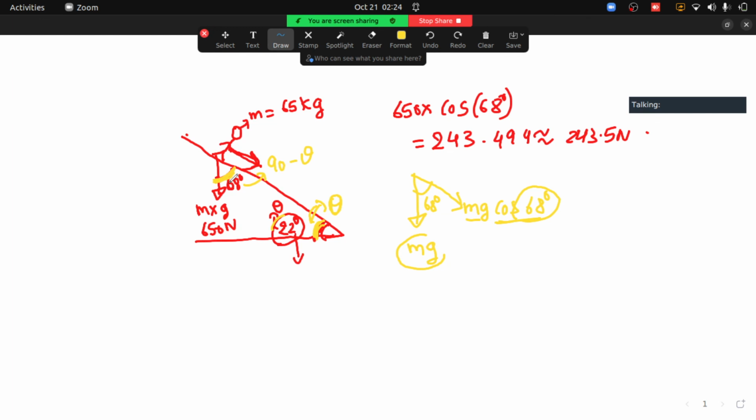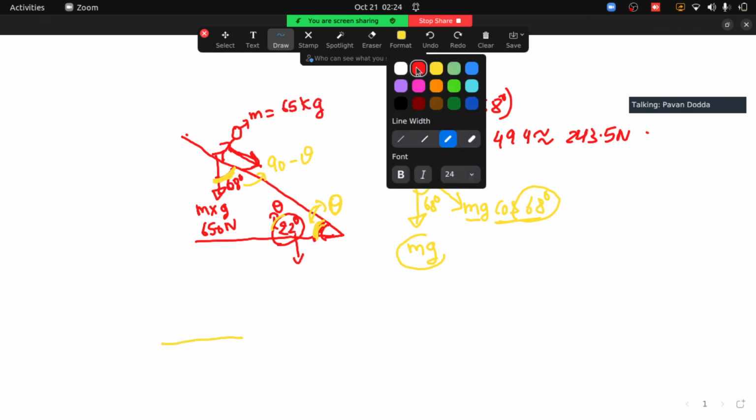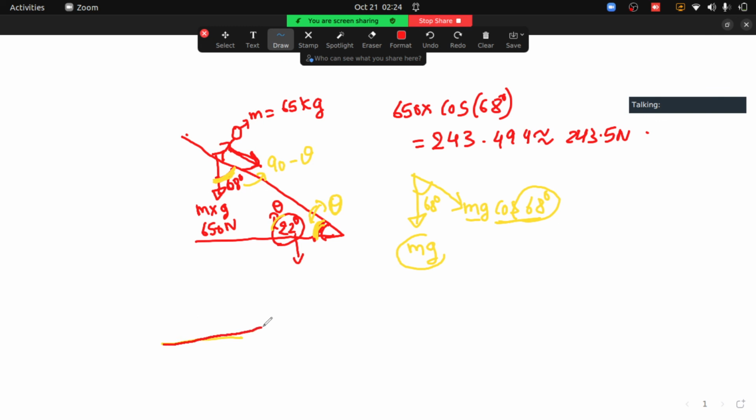Let me draw this for you. This is theta, and this is 90 degrees, and this would be 90 minus theta, because the sum of angles in a triangle should be 180 degrees. So is this clear? Yes, sir.